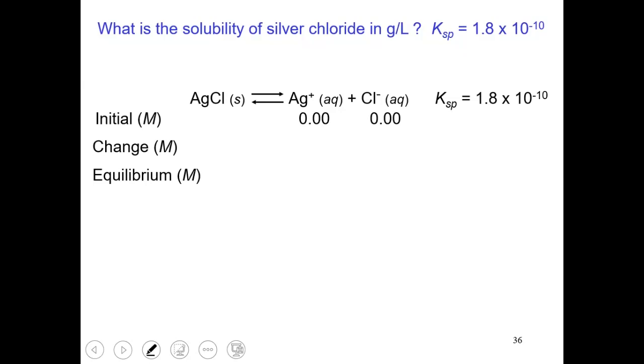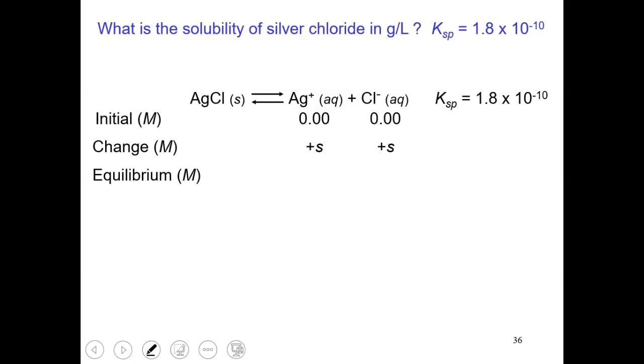The change is essentially how many moles per liter of solid are going to actually dissolve. And since each mole per liter of solid that dissolves generates 1 unit of silver and 1 unit of chloride, in these solubility equilibria, instead of X or Y or whatever, we're going to use the molar solubility as our variable, all right? So you're going to be generating S moles per liter of silver ions and S moles per liter of chloride, because that is how many moles per liter of compound will dissolve, all right?